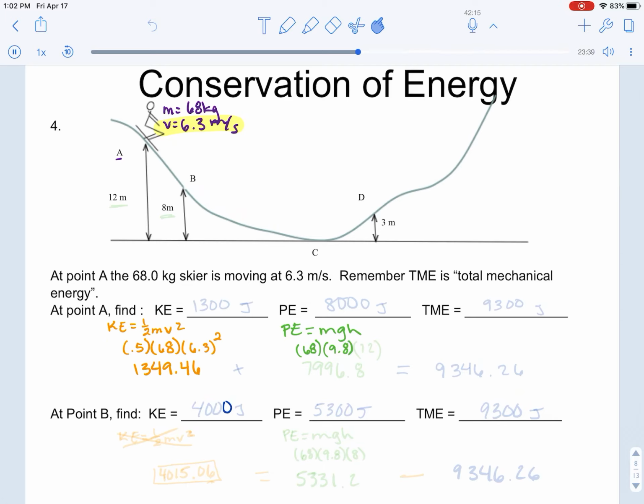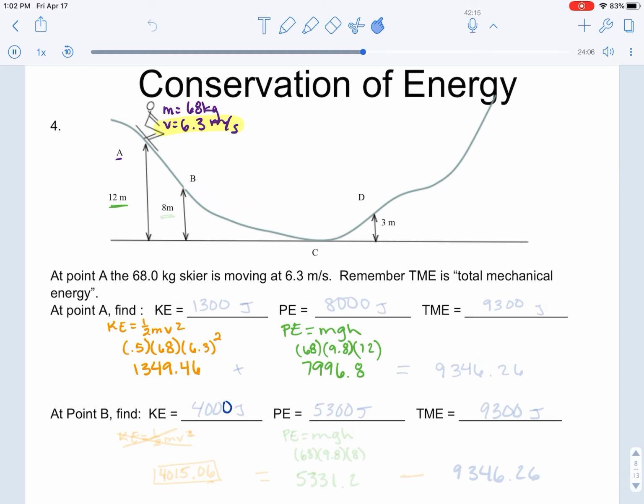So negative 9.8 is going to be in another chapter. And then the height, we can see from the picture that at point A, we have a height of 12 meters. So 68 times 9.8 times 12 gives us 7,996.8.